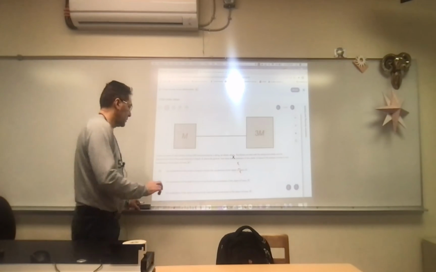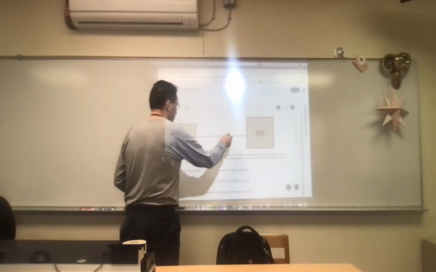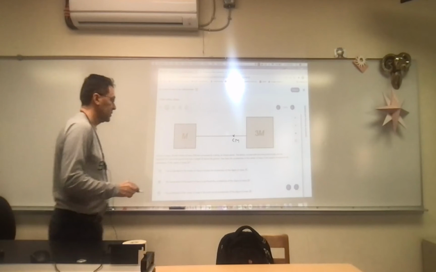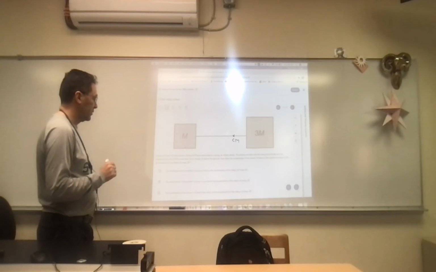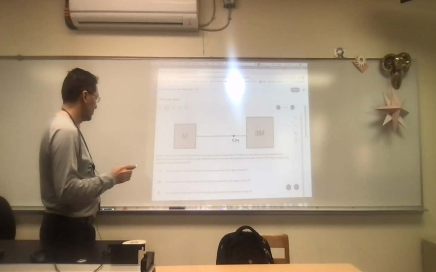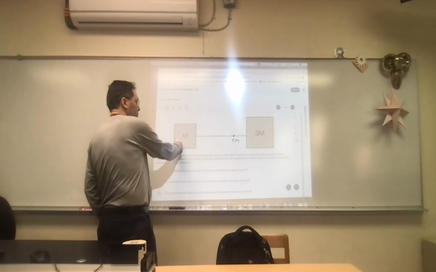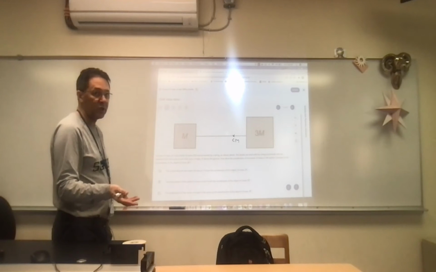Let's take a look at this example here. So the center of mass here should be closer to the 3m. So here's my center of mass. And the question for this one, after you read it, you can pause the video. How does the acceleration of the center of mass of the system compare to the acceleration of mass m? Well, mass m and mass 3m, they're both accelerating at g, right?